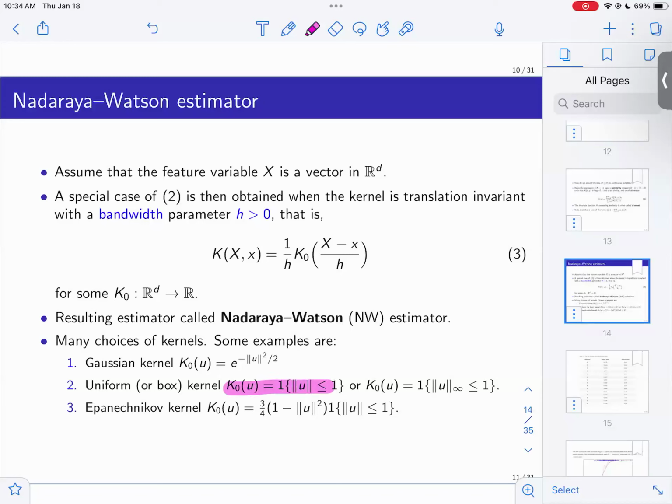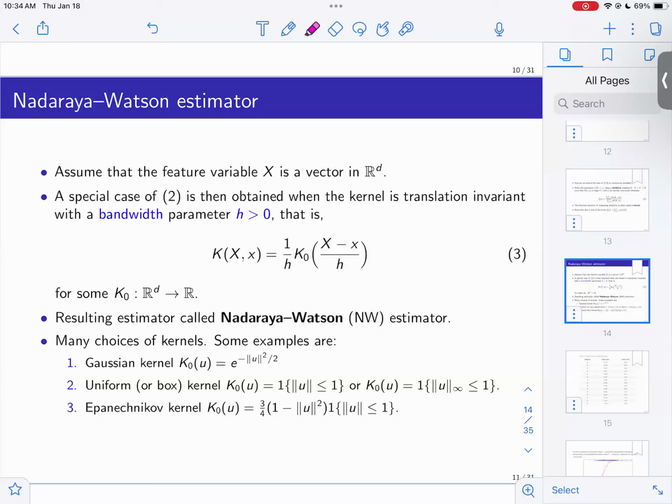And then you apply it, v equal 1 is just the invariant function, to x minus X divided by h. So this is the difference and you divide by h, so it scales it up or down. It just scales the difference. So that's what the bandwidth is doing.